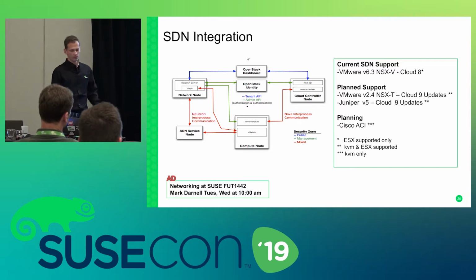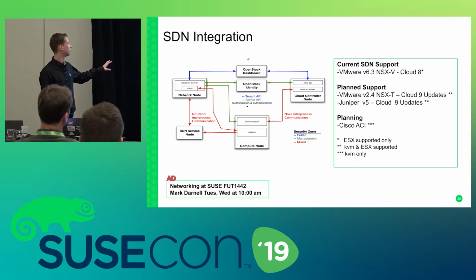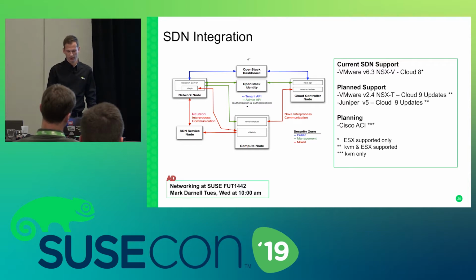And additional to this, we are looking into Cisco ACI. There was actually a session earlier today from Mark Darnell, and this is repeated tomorrow morning, 10 a.m. It's called Networking at SUSE, and there you can get all the other details about the SDN integration.